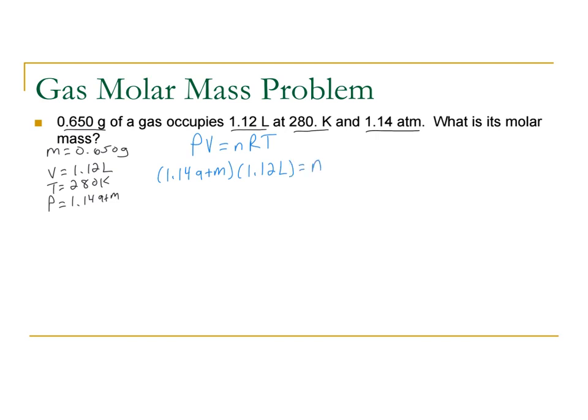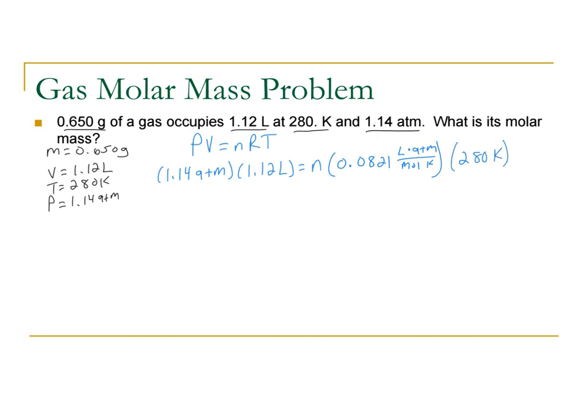The R value that I want to choose is the one that has atm in its units because my pressure right now is in atmospheres. So I'm going to pick 0.0821 liters atmospheres per mole Kelvin. And we'll just solve this once I have it all written out.